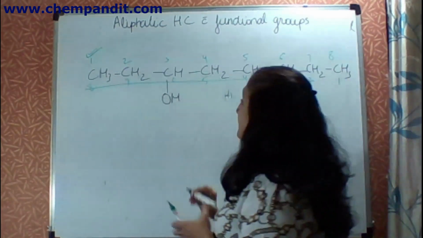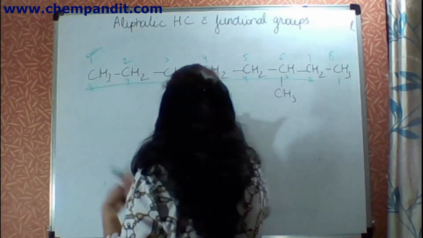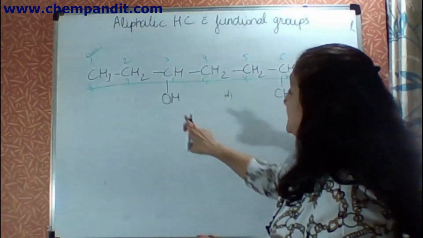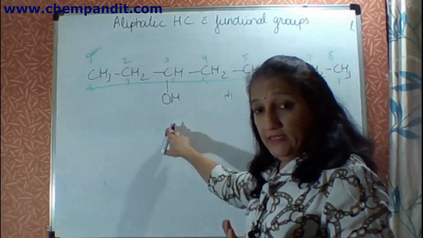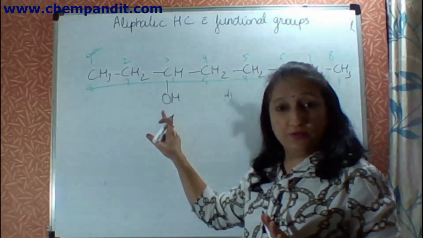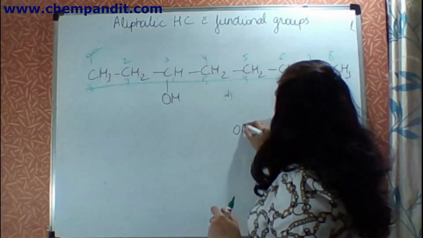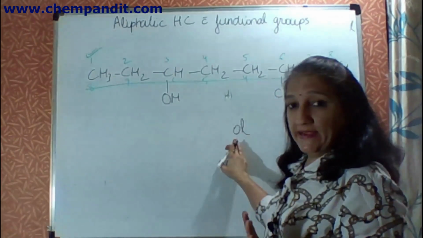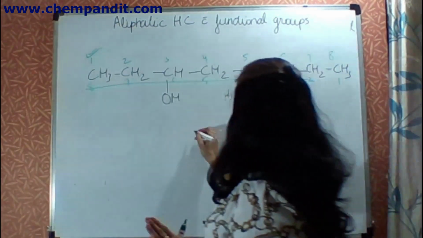Now let's write the name of this compound. How will you write it? Since this compound is an alcohol, because it contains an alcoholic group, the suffix here will be ol. The word root is octane, as there are 8 carbons.